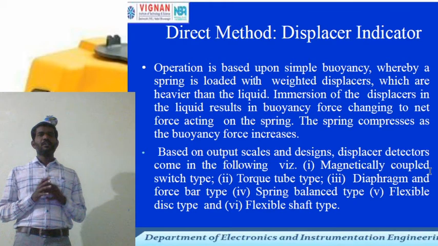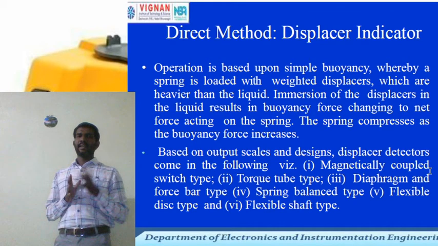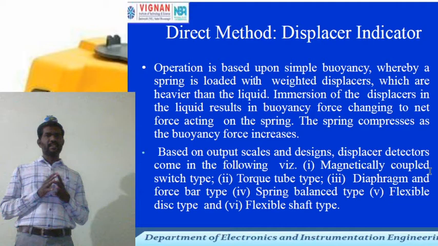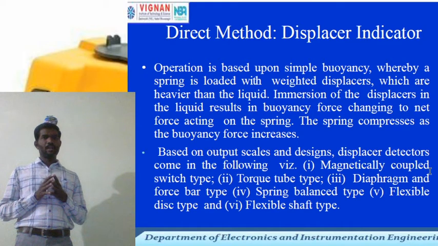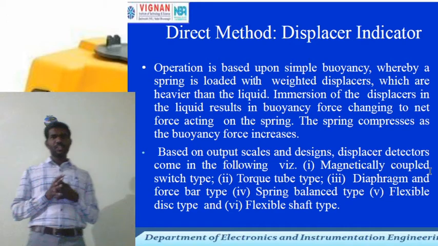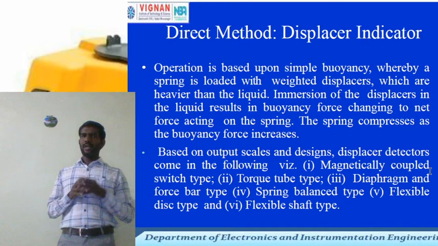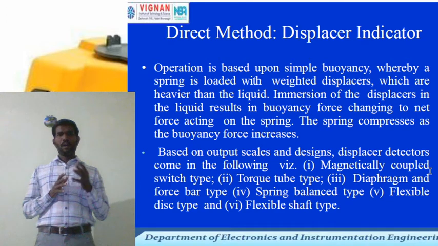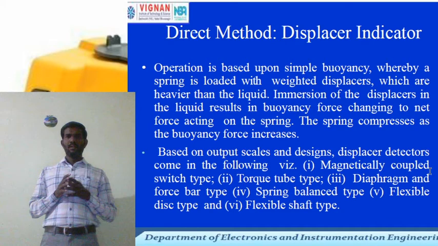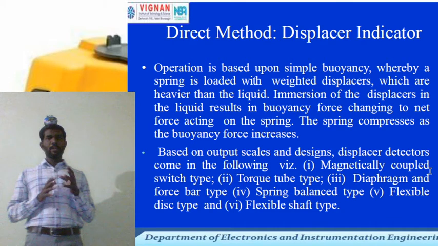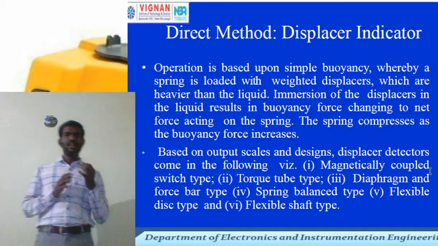Based on output and design, displacer detectors are of different types: magnetically coupled switch, torque tube type, diaphragm type, force bar type, diaphragm and force bar type, spring balancer type, flexible disc type, and flexible shift type.